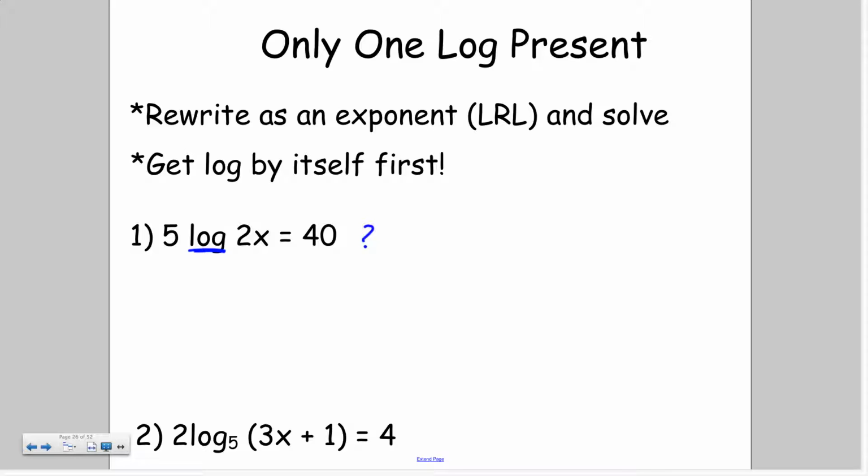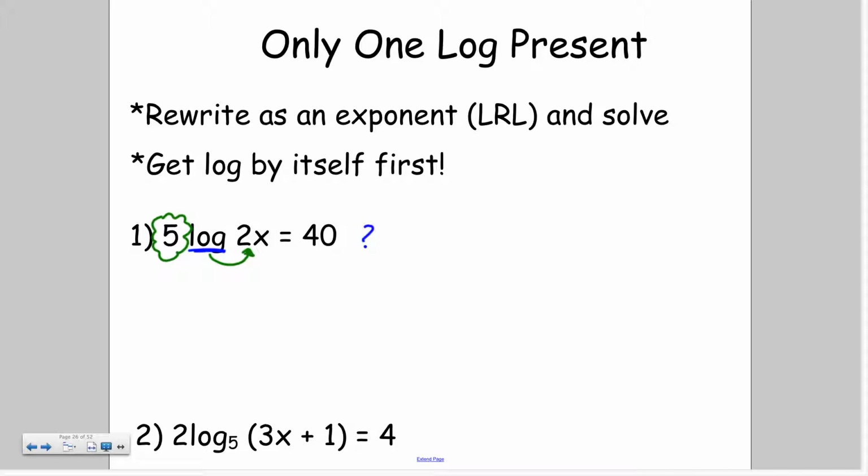But before we do that, the only thing that goes with the log is what is after the log. So the only thing that goes with this log right here is this 2x. So we need to get rid of this right here. Well, it is sitting right next to it. So anytime you have a number sitting next to a variable or next to something else, it's being multiplied together.